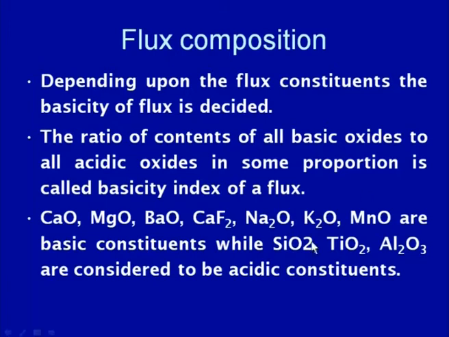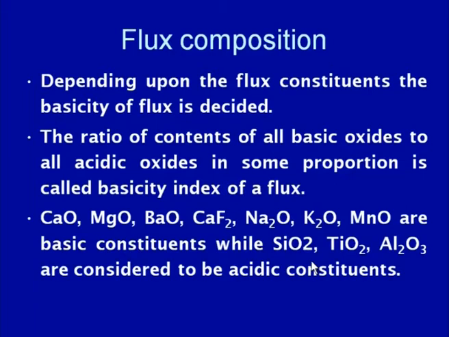This concept has been brought in from steel making, where the basicity of the fluxes was used to see how effectively sulfur can be removed from the steel during its manufacturing. If you see, calcium oxide, magnesium oxide, barium oxide, CaF2, Na2O, K2O and MnO are the basic constituents, while silicon oxide, TiO2 and alumina are considered to be the acidic constituents.